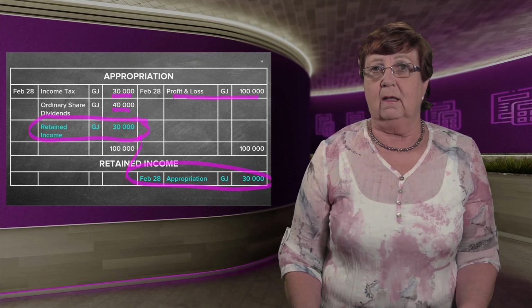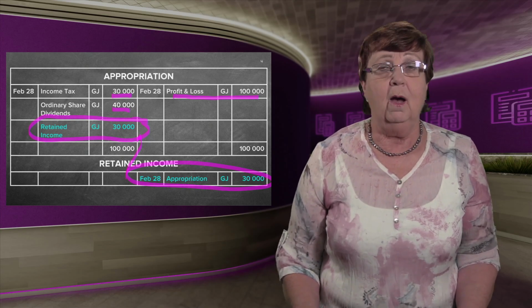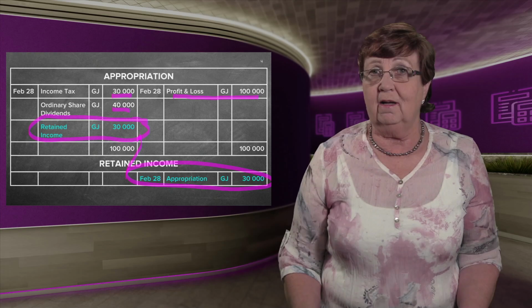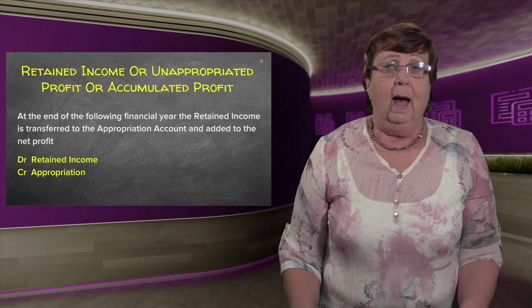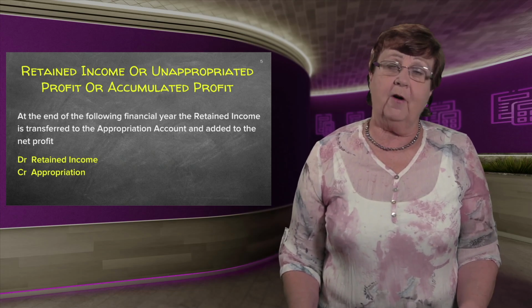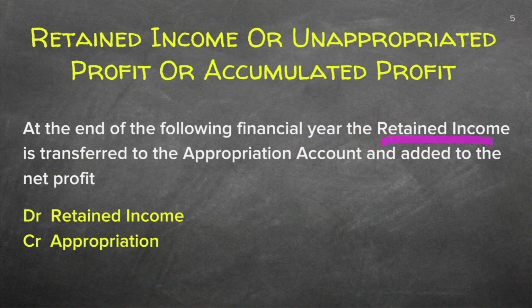One year later, what am I going to do with this retained income when I reach the last day of the financial year? I'm going to transfer it from my retained income account to my appropriation account, and add it to my net profit.